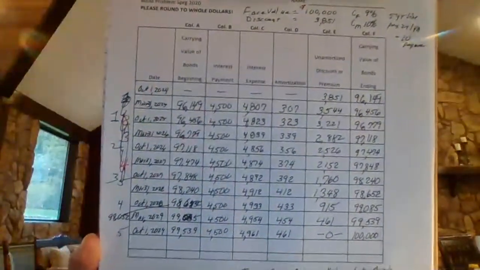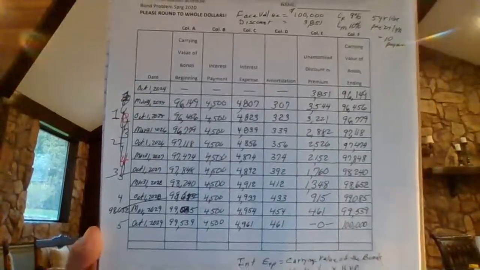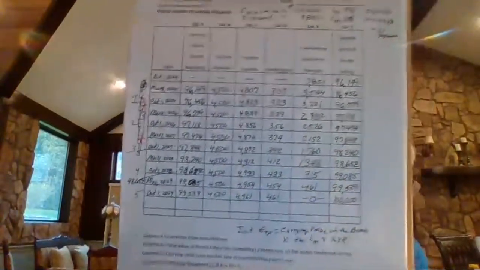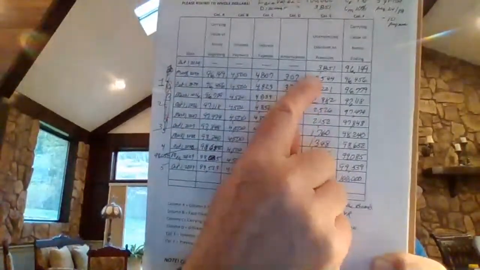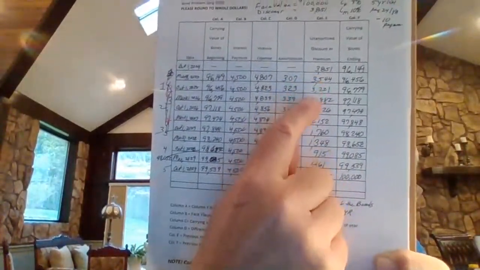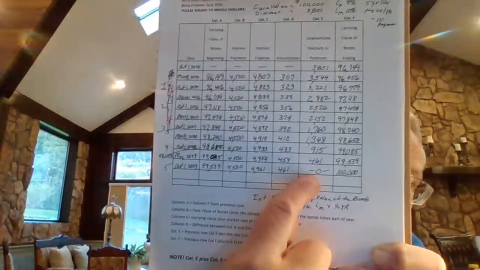Okay, here's the completed amortization table. As you can see, the unamortized discount gets down to zero.